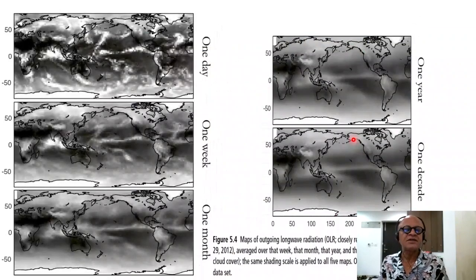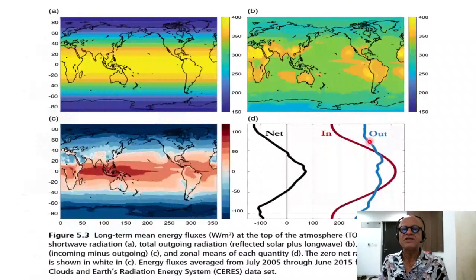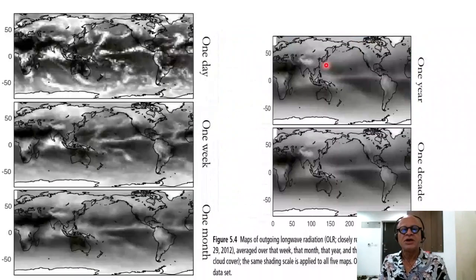So looking at the outgoing long wave now, more specifically than just the outgoing radiation, you see this is OLR averaged over 1 day, 1 week, 1 month, 1 year, and 1 decade, and there are subtle differences. If you look at any particular day, the planet is covered by a lot of clouds, because this is October 29, 2012.